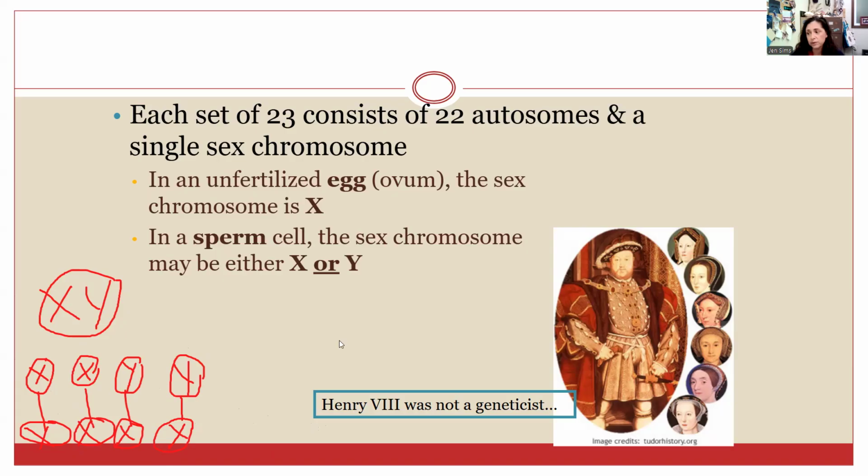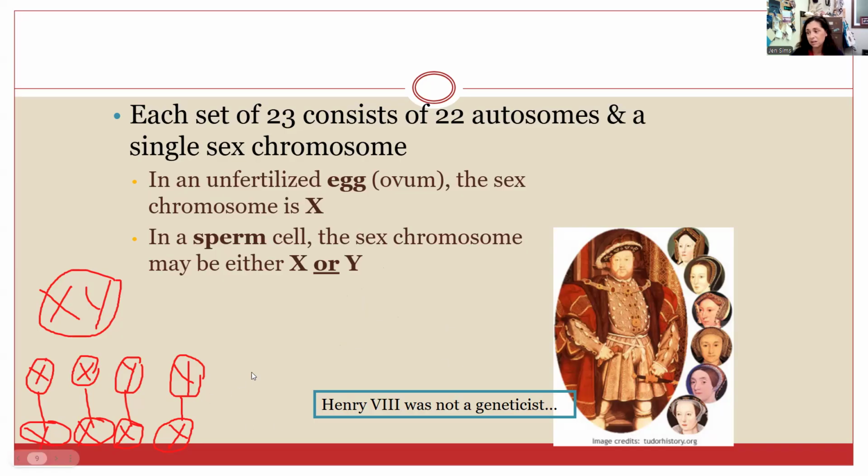So who determines the sex of the offspring? Gals, all you have to offer is X. Guys, you're the only ones with a Y chromosome. So you are the ones determining the sex of all the offspring. 50-50 shot. You've got some sperm with X's in them and you've got some sperm with Y's in them.